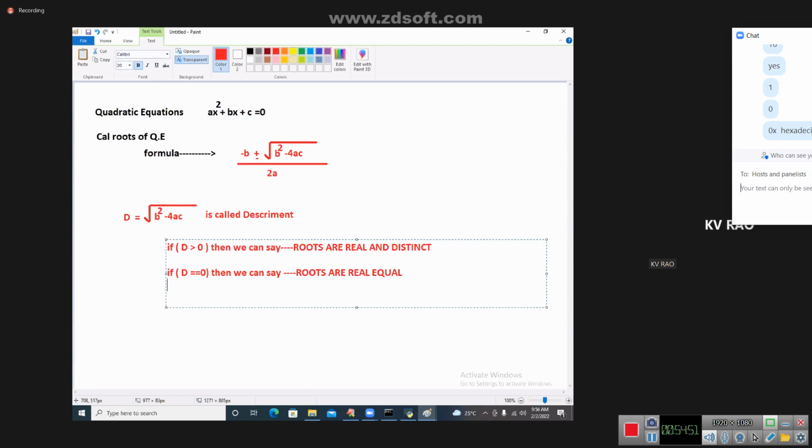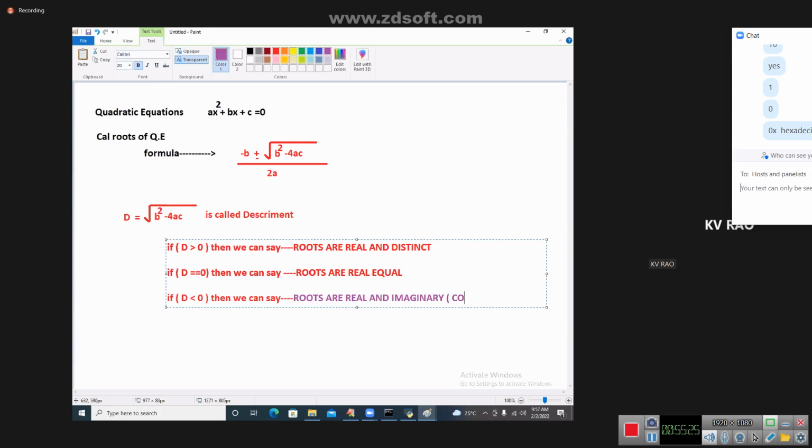What is left out next? If D is less than 0, a very, very important point, this is what I am interested in today. If D is less than 0, then roots are imaginary, real and imaginary.